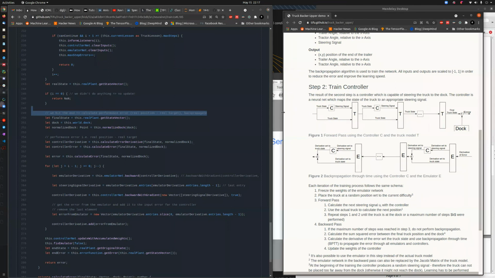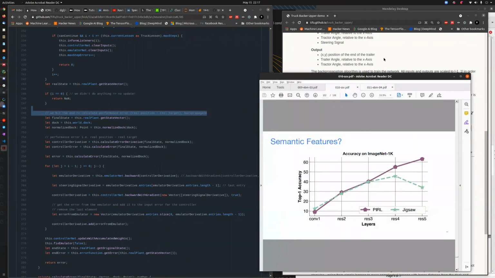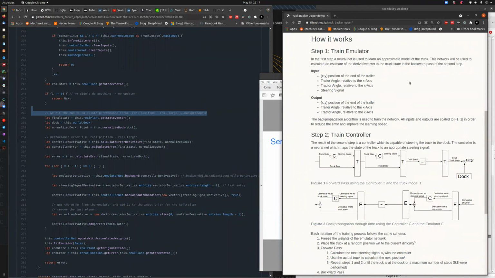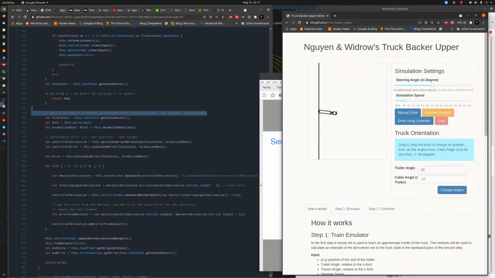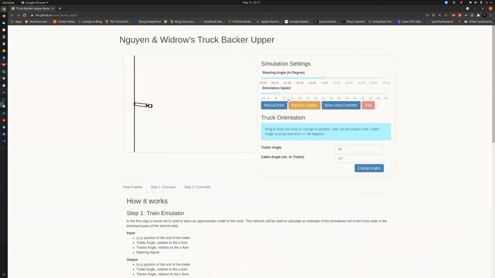Anything else, guys? Yeah, I wonder if this task is really tough for some classic controller, which would be like, I don't know, rule based or something. Classic controller, rule based?